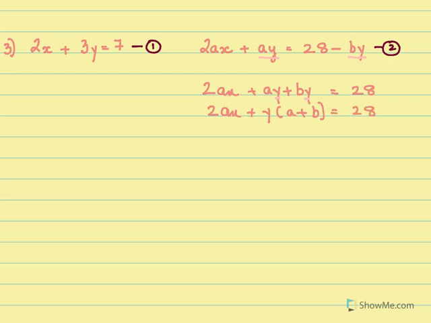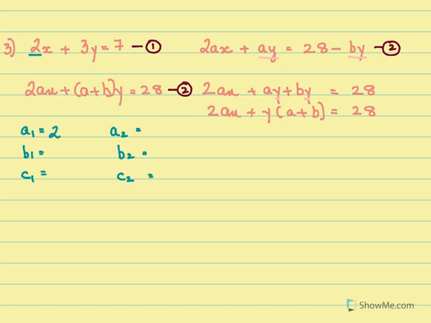So I'm going to write the equation out here, one below the other. So 2ax plus (a plus b)y equal to 28, and this will be my equation 2. Now we need to identify a1, b1, c1, and here a2, b2, and c2.